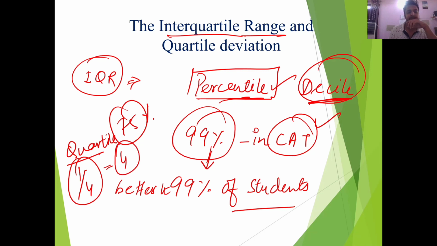So the first or lowest 25% will come under the first quartile. Then the next 25% will come under the second quartile, then the third quartile, and the fourth quartile. So when we calculate interquartile range, we basically exclude the lowest 25%. It is 25, then 50, then 75, and then 100.